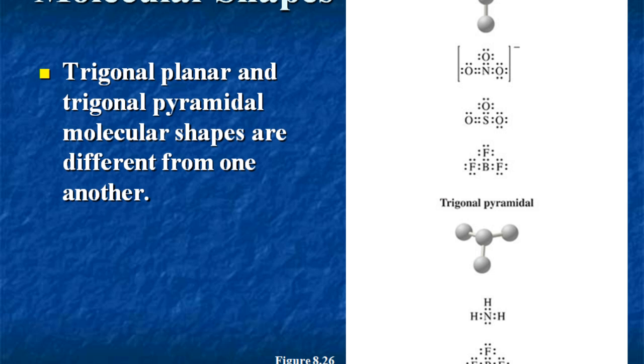When counting electron sets, we count every bond, regardless of single, double or triple bond, as 1 set, and every lone pair or non-bonded pair as 1 set. So that will give you the parent structure. There are 3 different parent structures. If you have only 2 sets, it's linear. If you have 3 sets, it's trigonal planar. If you have 4 sets, it is tetrahedral. Easy to remember so far?